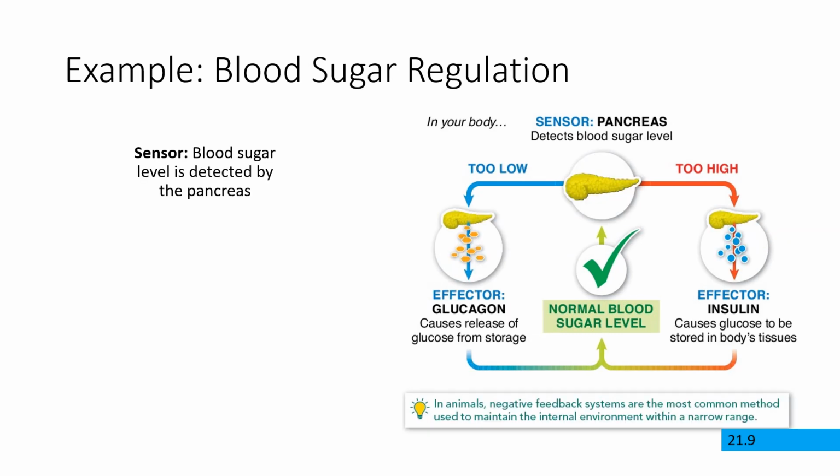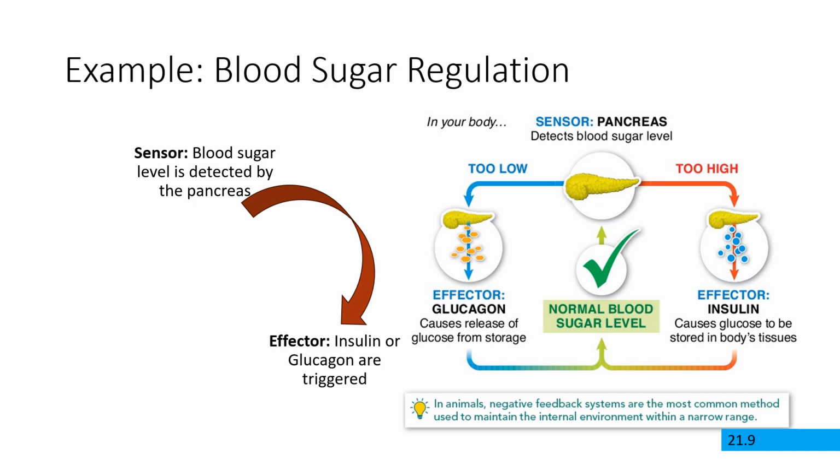So let's look at an example of a negative feedback loop in the human body. Let's talk about how we maintain our blood sugar. In the human body, cells in the pancreas detect when our blood sugar gets too low or too high. So the pancreas is the sensor. If the blood sugar gets too high, the pancreas is triggered to release insulin. Insulin is the effector here because it brings the blood sugar back down to normal.